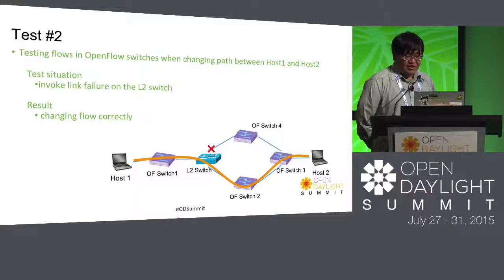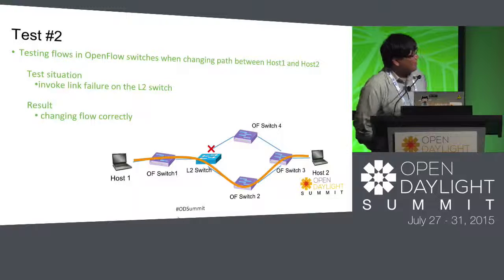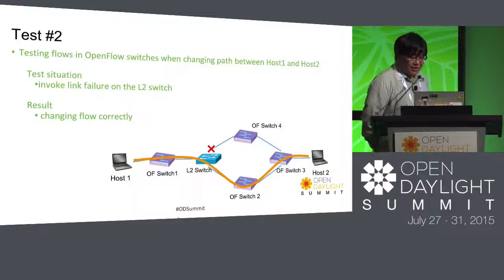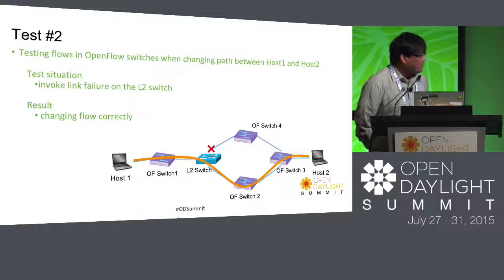Then we changed VLAN 20 to VLAN 2 at the lower port in the L2 switch in this picture. Between the L2 switch and OpenFlow switch 2, the VLAN ID was changed from VLAN 10 to VLAN 20, and from VLAN 20 to VLAN 10.